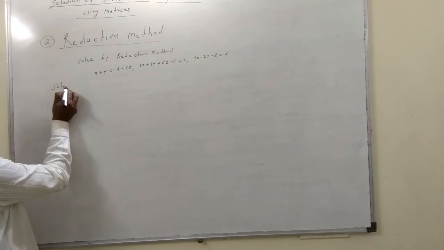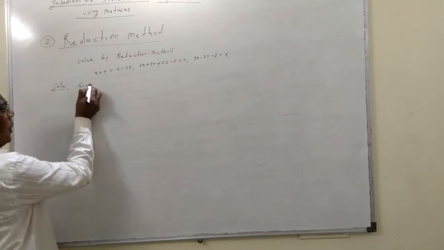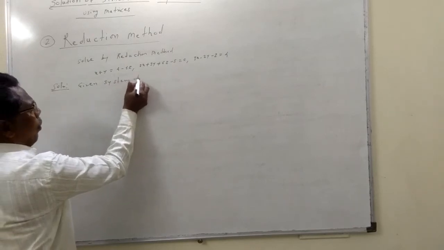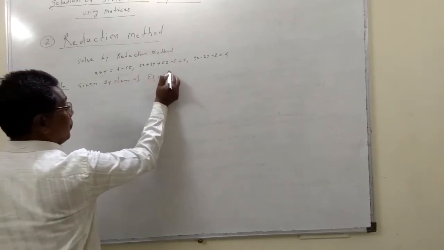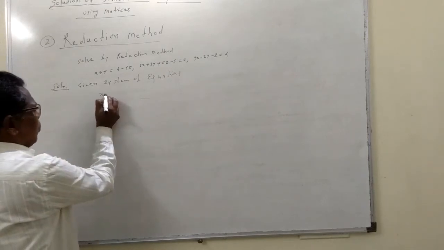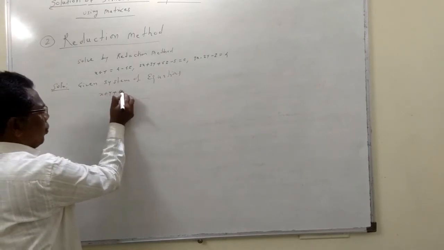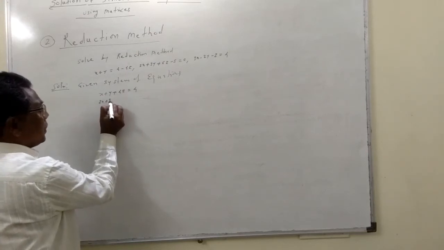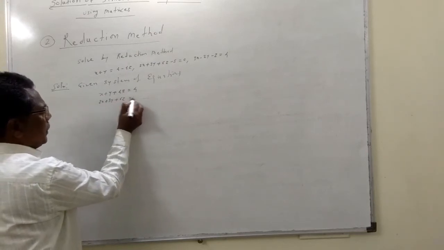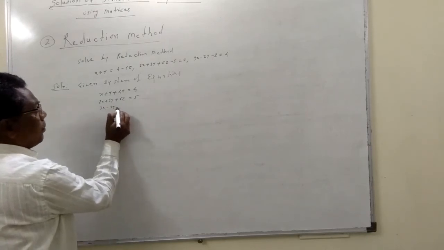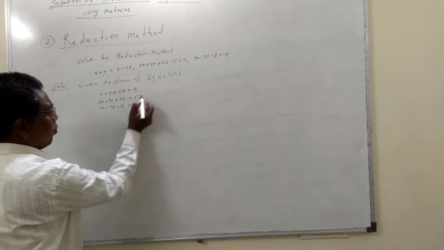So the solution: given the system of equations, write it in standard form. x plus y plus 4z is equal to 4. 2x plus 3y plus 6z is equal to 5. 3x minus 2y minus z is equal to 4.